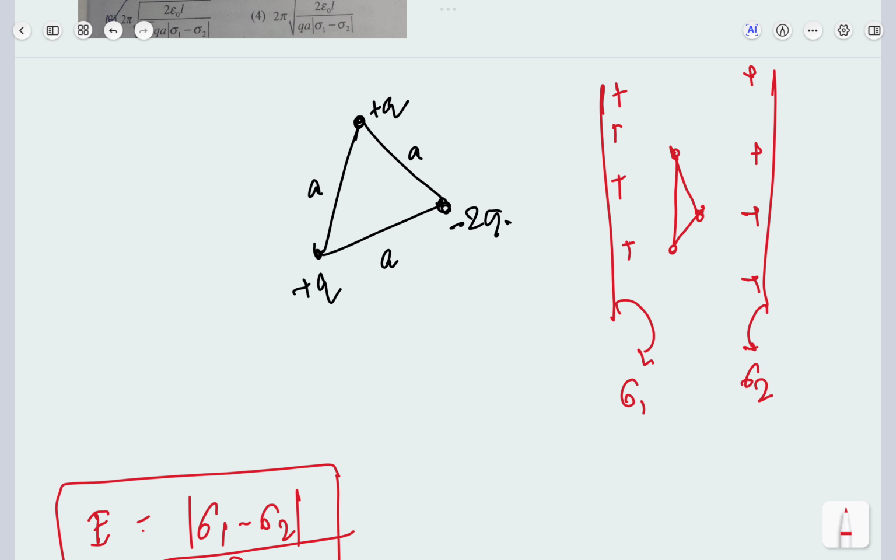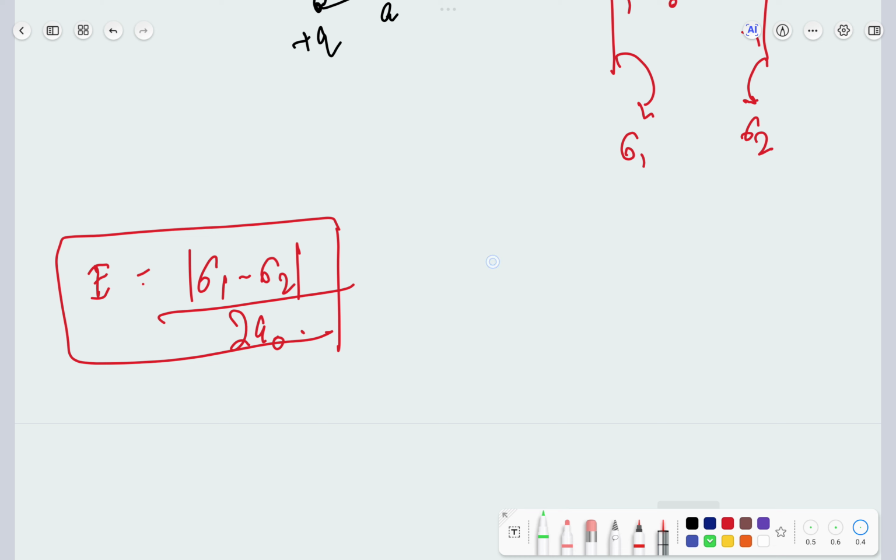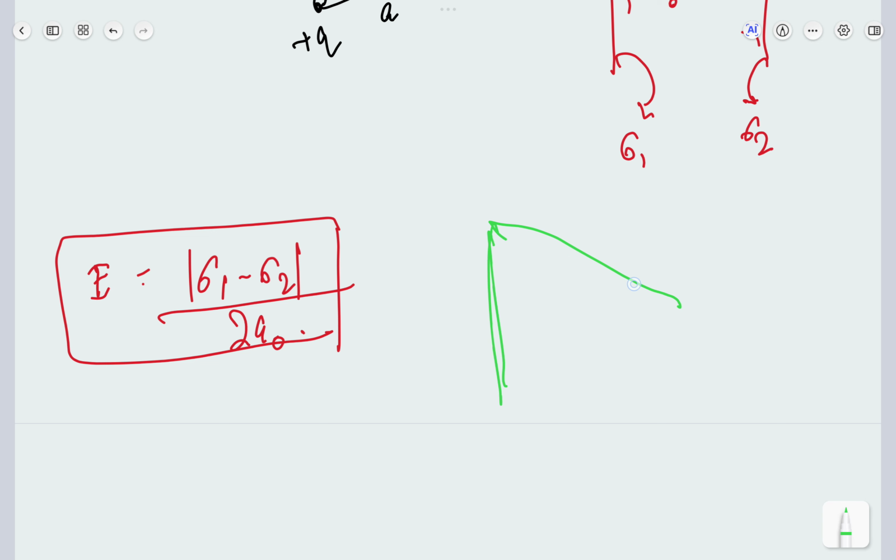For this, this is the centroid, about which we have the moment of inertia I. This length would be A by root 3. So I'm going to redraw this.